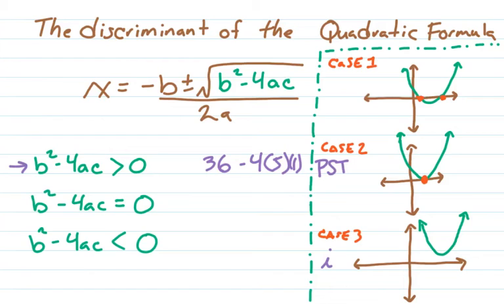Okay, actually I have to put a negative 5 there to cancel that out. Okay, so this is a positive number, meaning that this plus or minus here in the quadratic formula still holds. It's just going to be negative b, in this case negative 6, plus or minus the square root of this discriminant. No problem there. We're going to get two distinct solutions out.